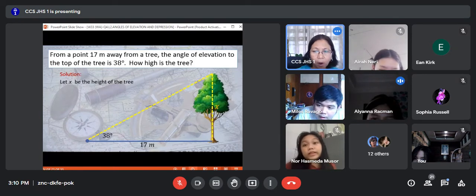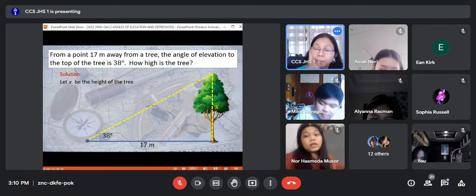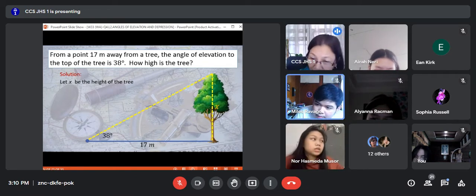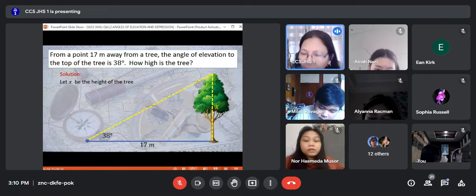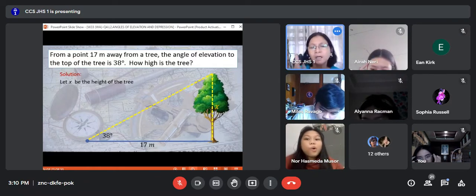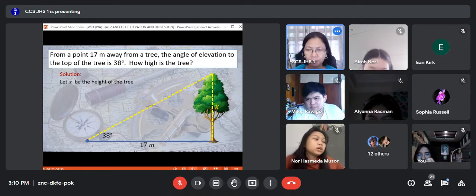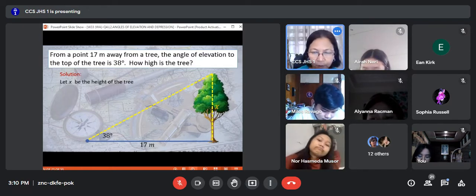It is opposite. How about the 17? It is the hypotenuse or adjacent? Adjacent. So what trigo function involves opposite and adjacent? Tangent. That is how you're going to decide what trigo function you're going to use.